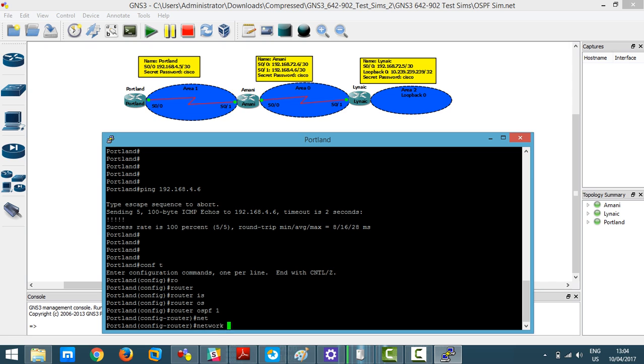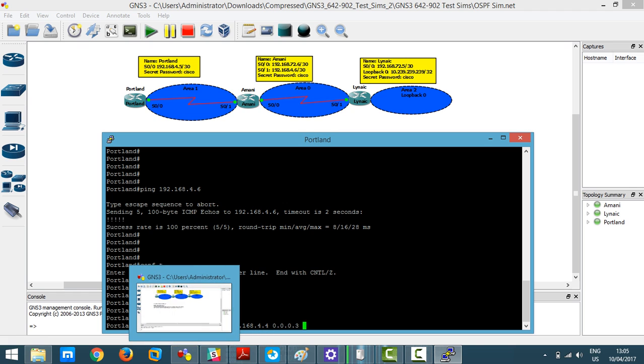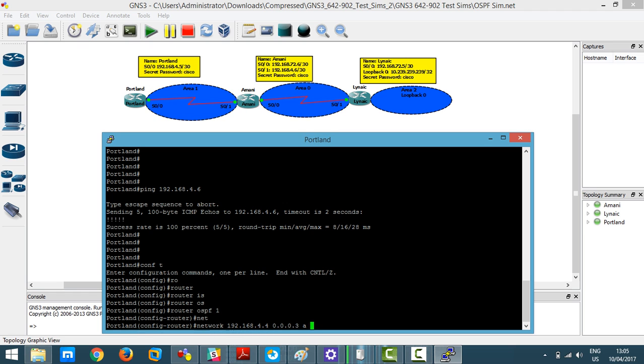So what I simply write is network 192.168.4.4, because there is 6-bit subnetting. So my first network will be from 0 to 3 and the second one from 4 to 7. So my second network is 4.4 and the wildcard mask is less than the block size. The block size is 4, so I go for 3, and I configure this interface in area 1. Here we go.